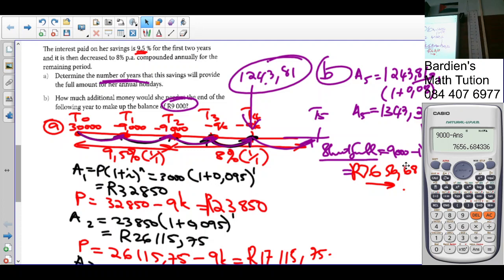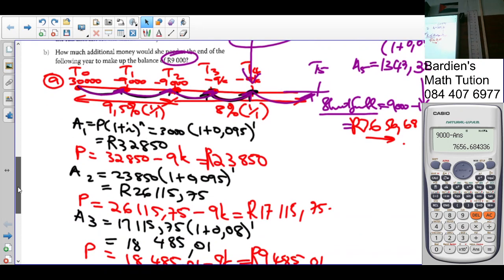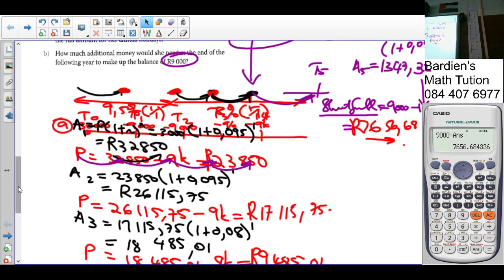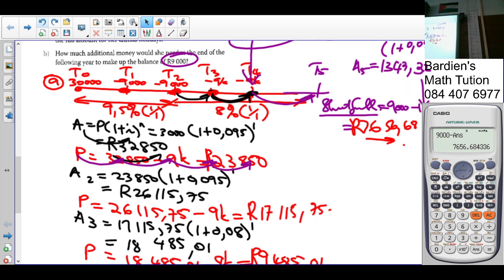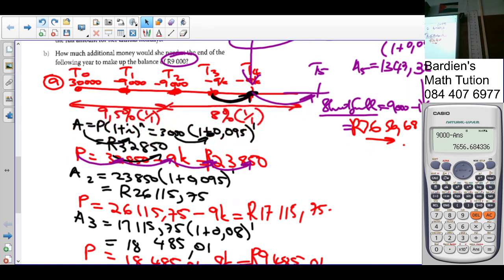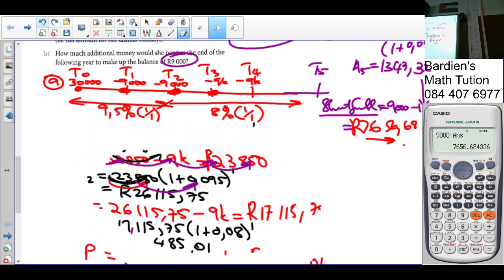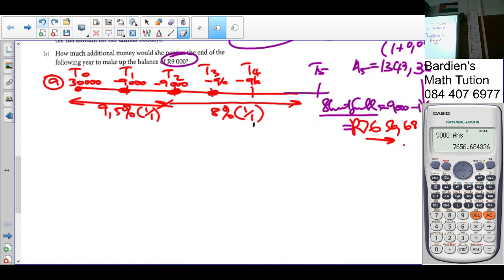Comment? No? Okay, now coming back to the method that I've done. So, remember this is a guesstimation.